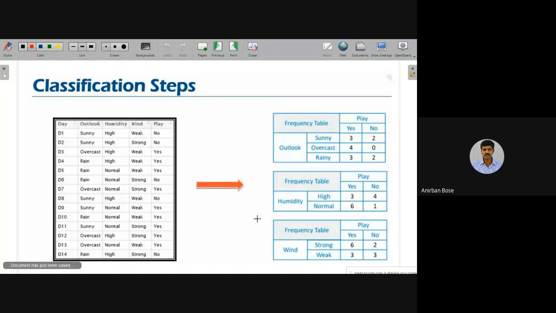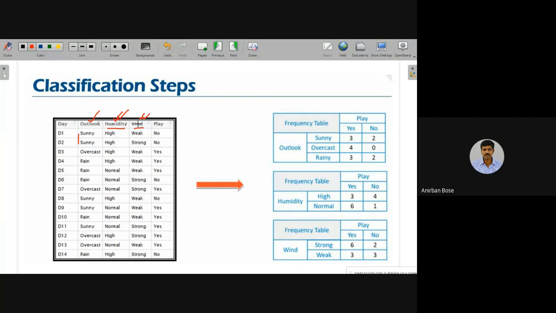Now this is another example where you can see, based on these features like outlook and the unique values of the outlook, it can be sunny, overcast, or rain. Another feature you see is the humidity. It can be high, normal, like that. Another one is the wind speed, say weak, strong, like that.